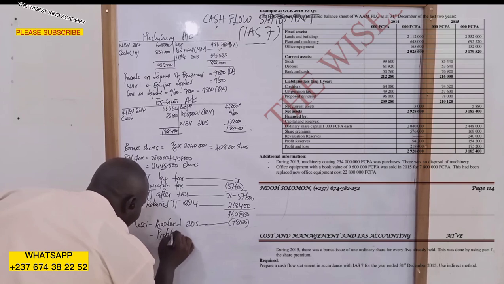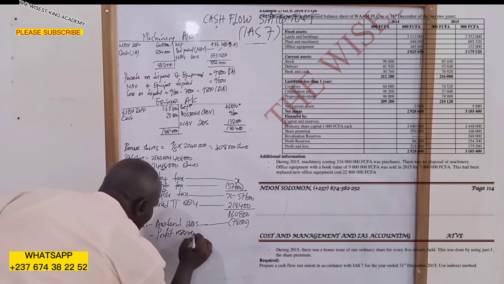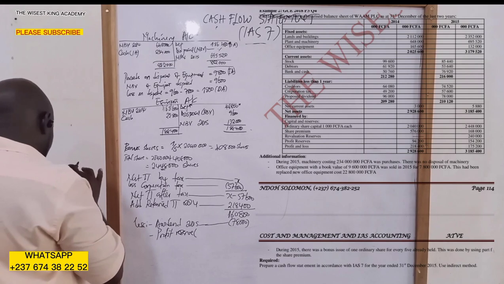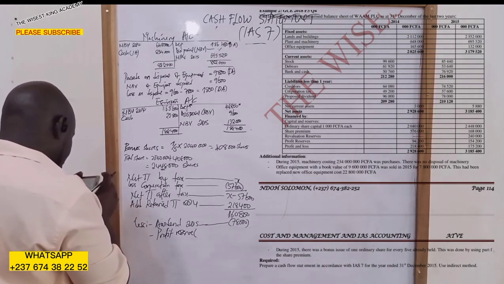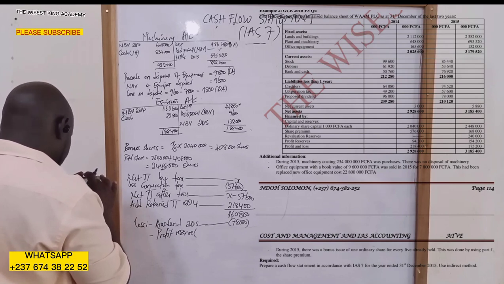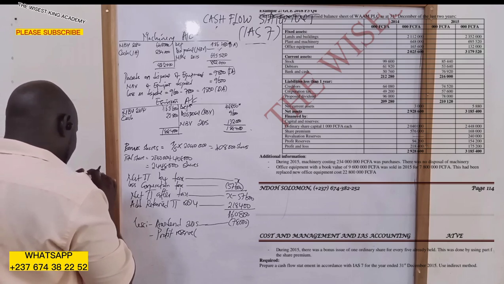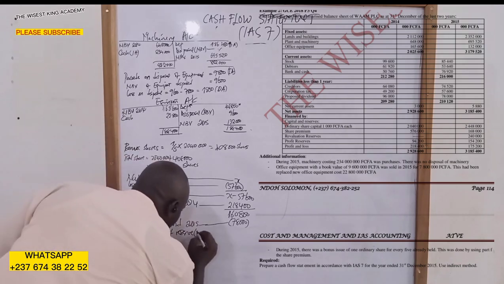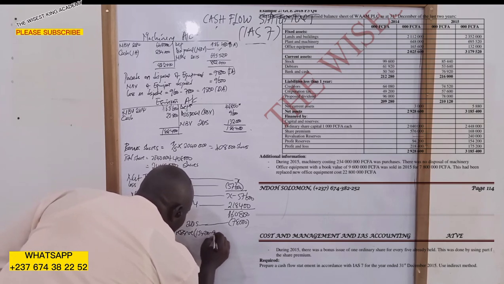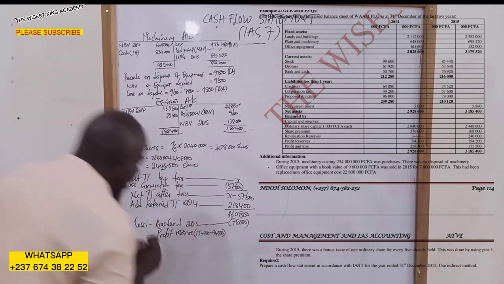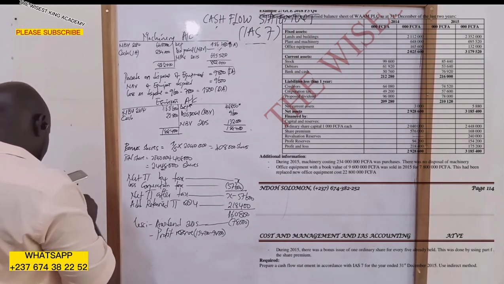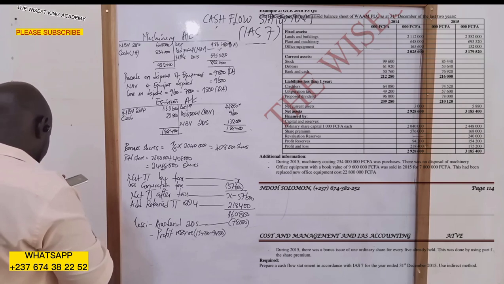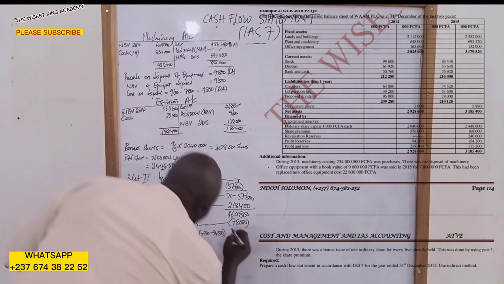Profit reserve, you are just going to take the difference: 154,200 minus 94,200. So it's a round figure, 60,000.